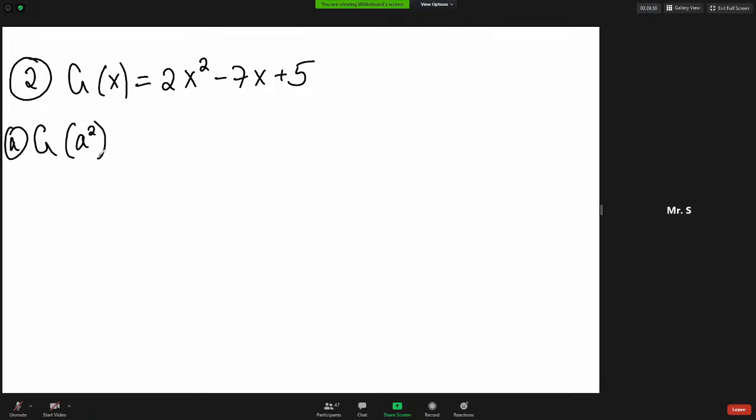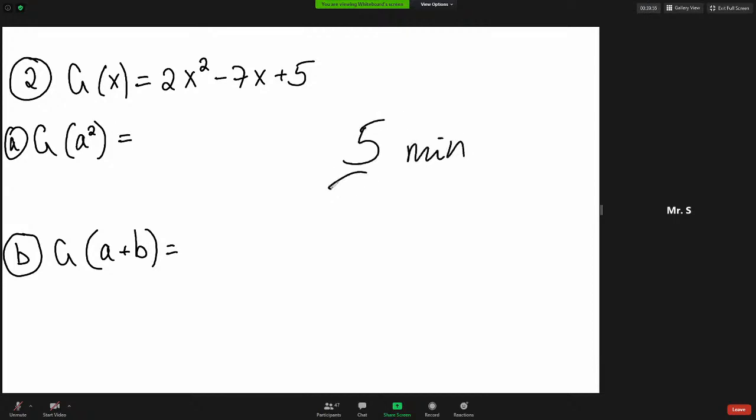So our input here is an expression, not a numerical value, but that's perfectly fine. We should be able to do that. And here we're going to do g of a plus b, so remember a few things. I'll give you about 5 minutes where I'll go on mute and let you work on it. In about 5 minutes, we're going to go over it and see what you got.